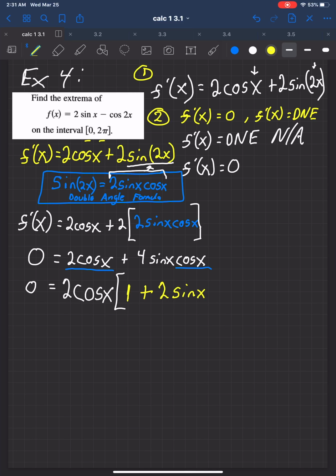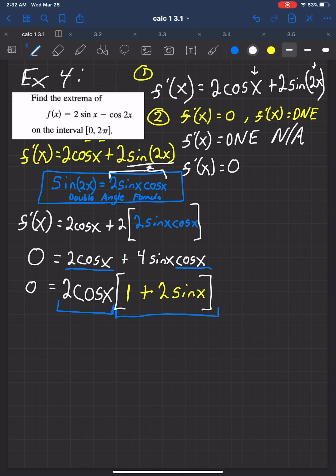You can always distribute and make sure you did the factoring correctly. All of this work so that I can figure out what x values make 2 cosine of x equal 0, and what x values make 1 plus 2 sine of x equal 0. Let's think about this in pieces.